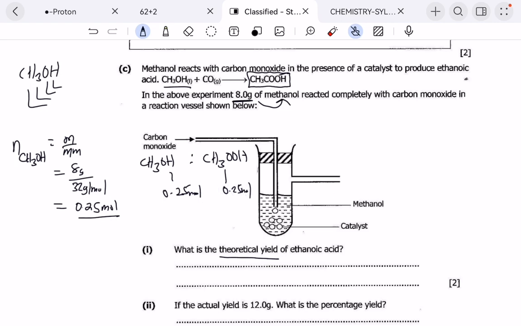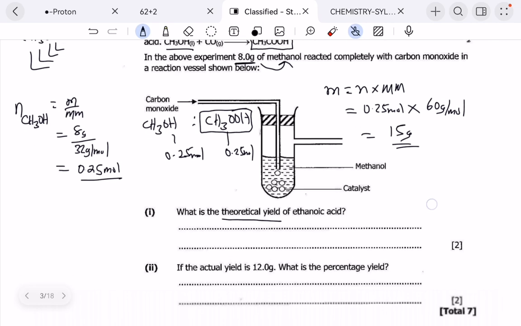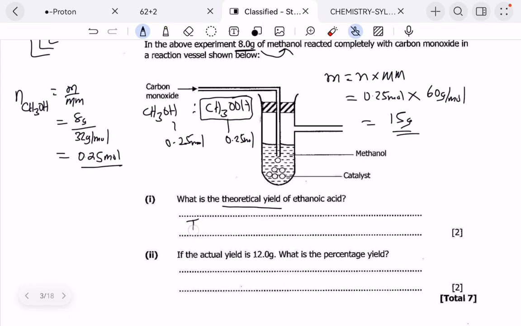Therefore, to find the mass, we can say mass is equal to number of moles times molar mass. The number of moles is 0.25 moles times the molar mass of this product. When we do the molar mass, we're supposed to get 60 grams per mole, and that gives us 15 grams. So the theoretical yield in this case was 15 grams.